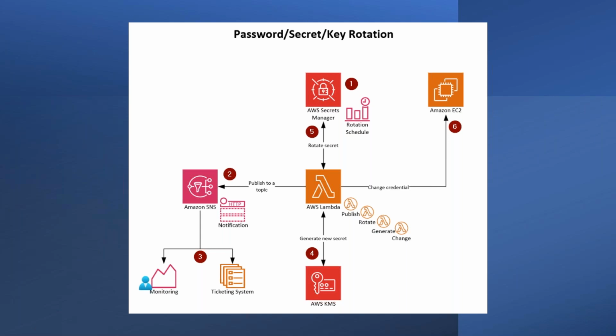It's a place where you can securely store keys, passwords, and secrets that are used by other systems to operate. Secrets Manager also offers different features, and one of those features is the ability to schedule rotations on a timely basis.